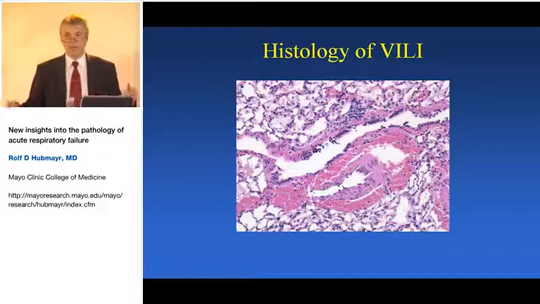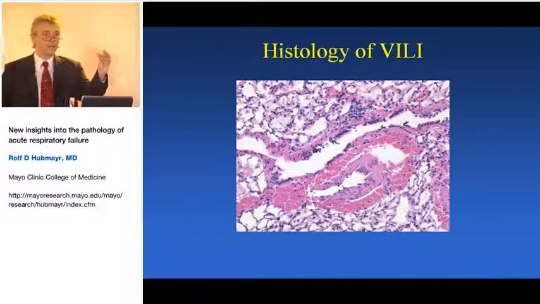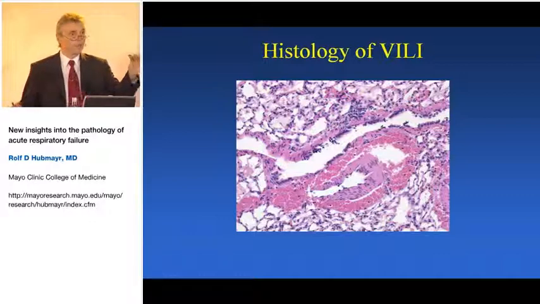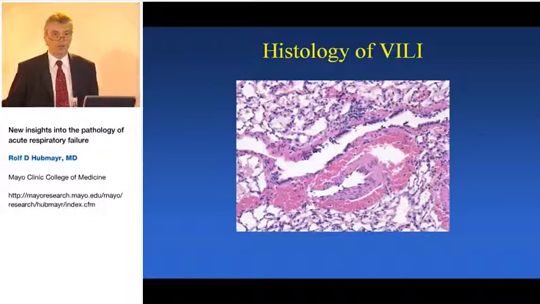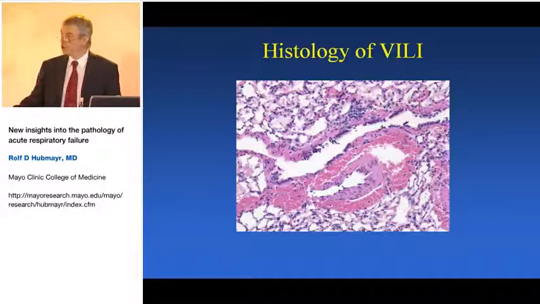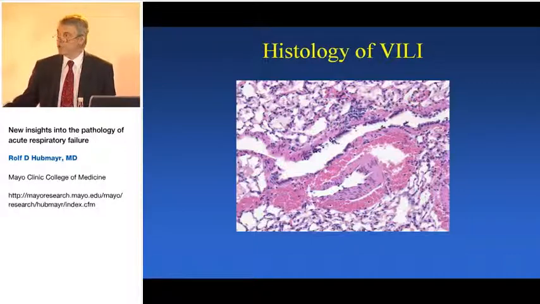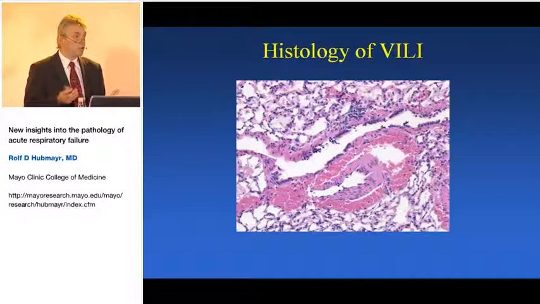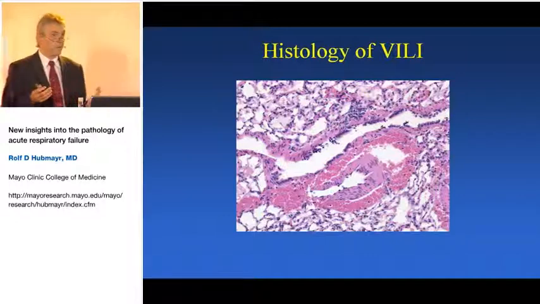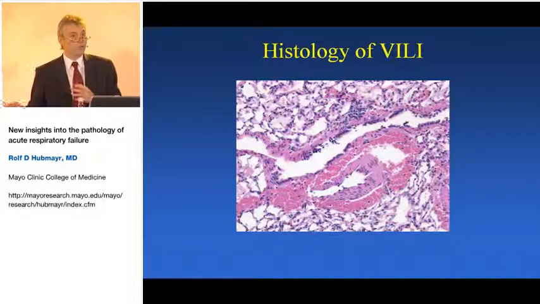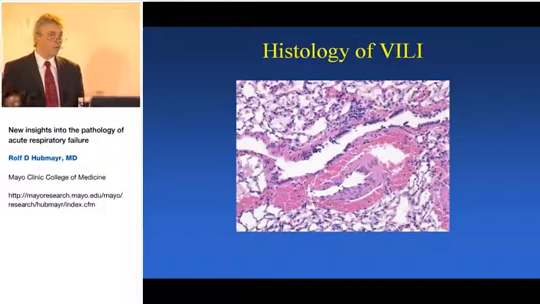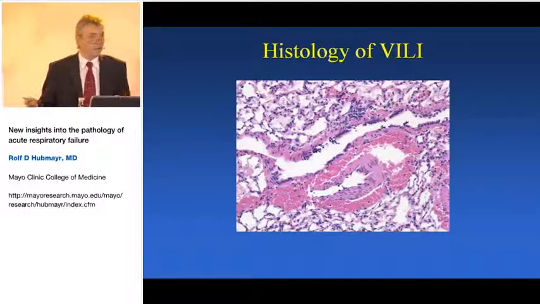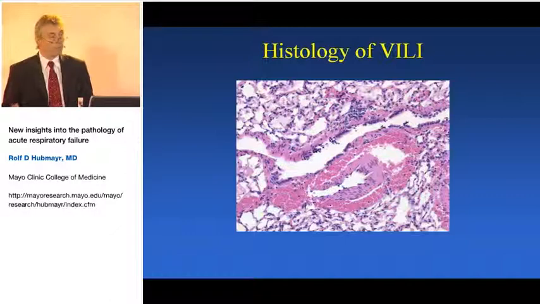So this is the little hexagon in Luciano Gattinoni's presentation, where this thing simply can't change volume or area, and all the stress is at the insertion sites where the parenchyma attaches on the blood vessel. So this is where edema accumulates in the perivascular space, and this is where stress failure occurs, and that's why you have bleeding in the interstitium in a preparation like this.